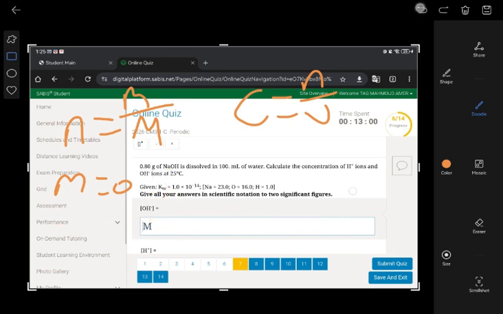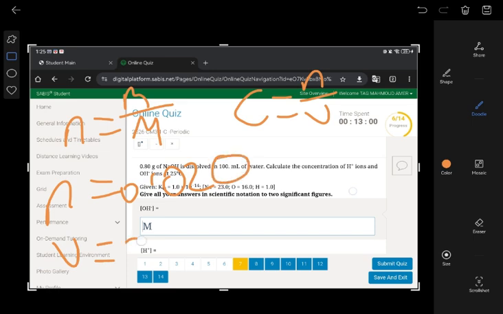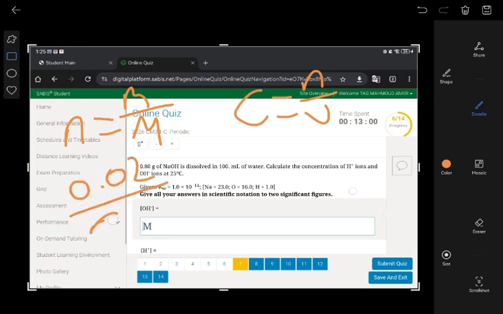So n is 0.02, and then n over V, it's given here, is 0.1 liters. Never forget the units in the written part. So then you just do 0.02 over 0.1. You just get 0.2.